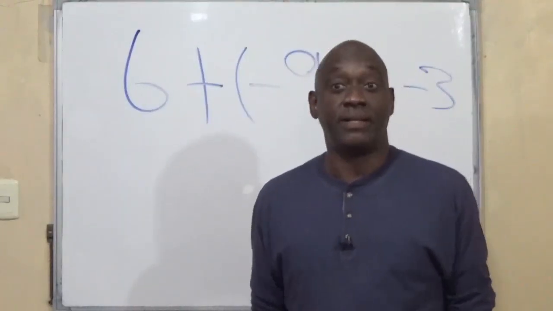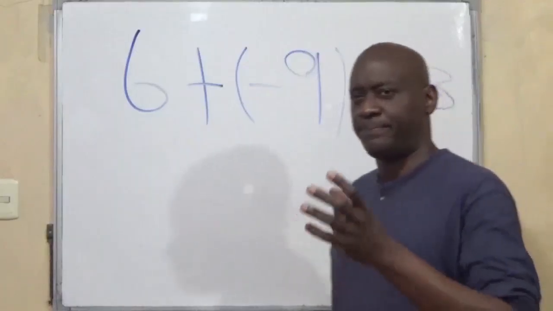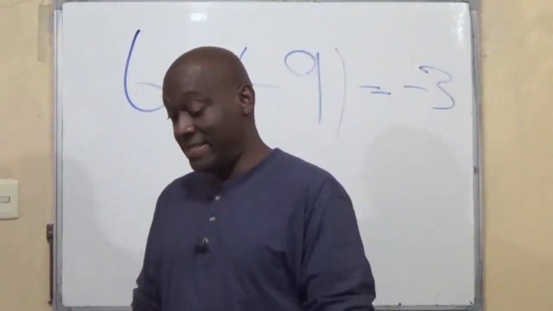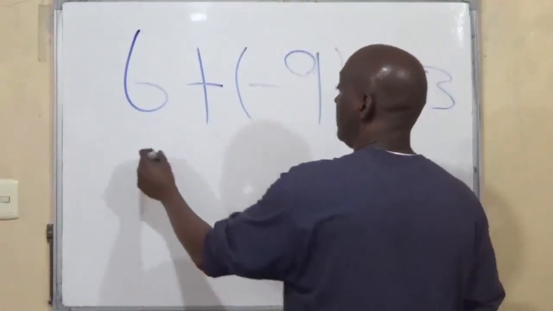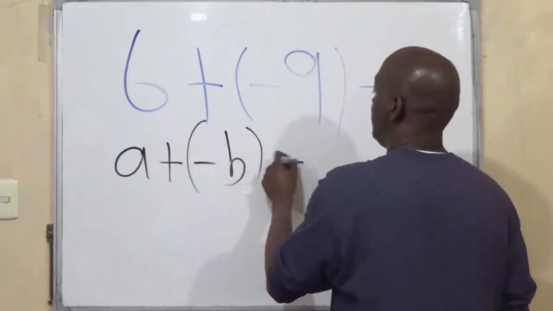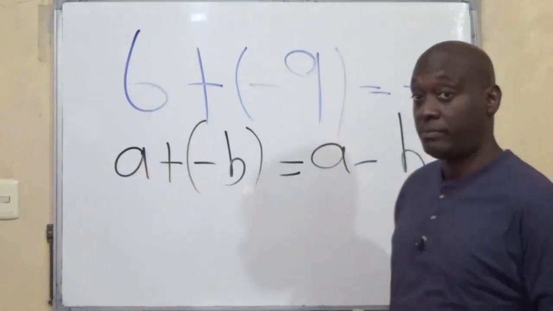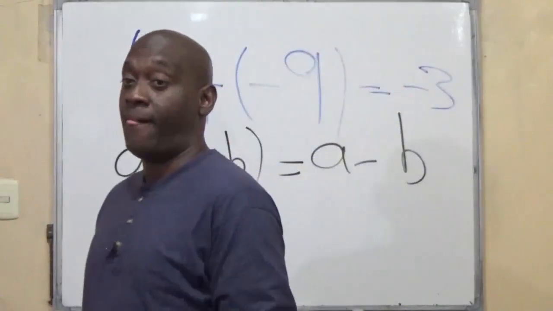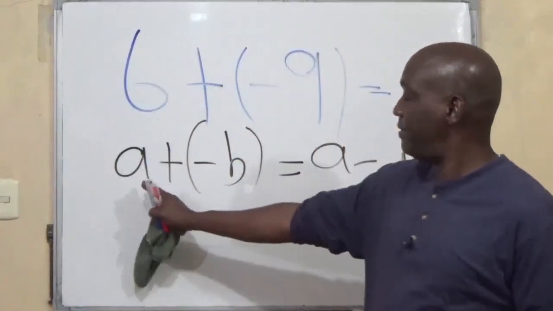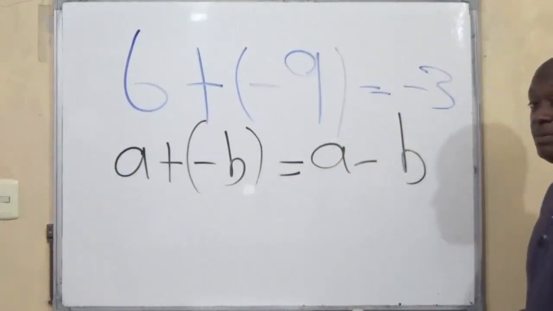Yeah, that's basically it. So we have a rule now, and I'm going to write this in general terms. You could say A plus minus B is the same thing as A minus B. That's basically what it is. Now, of course, if A is greater than B, then A minus B would be positive.